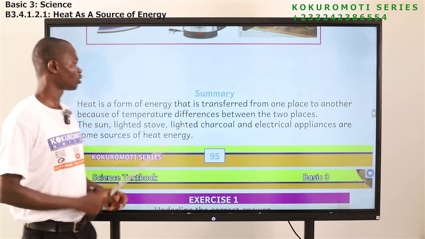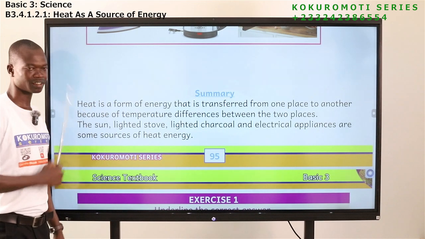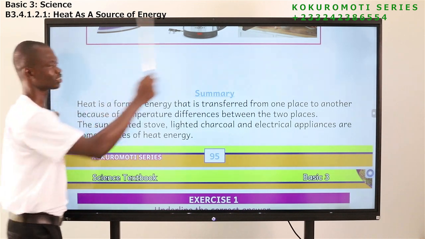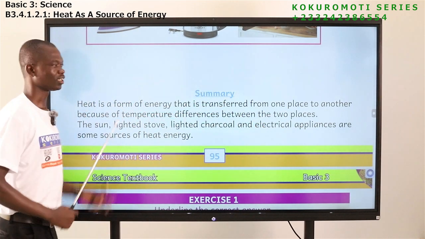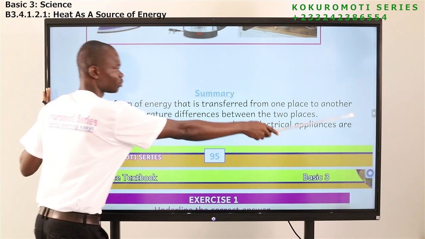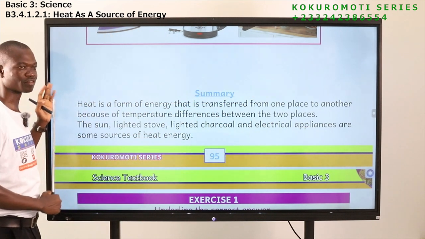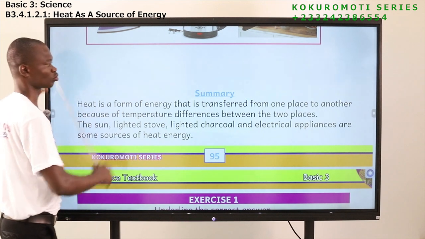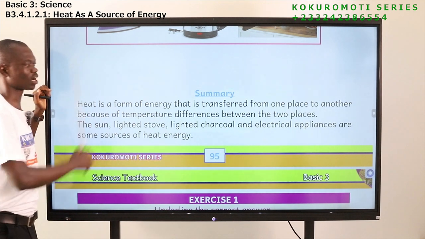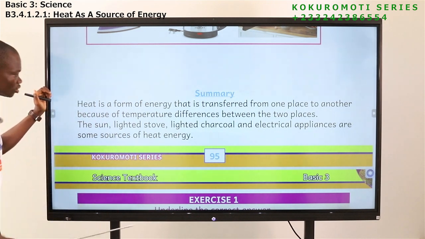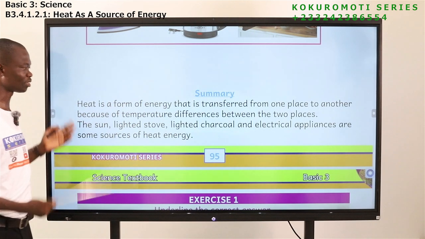So let's say your fire is here and heat is able to go here. It's because the temperature over here is lower and the temperature over here, because of the fire, is higher. That is why it's able to move. So heat travels because of differences in temperature.